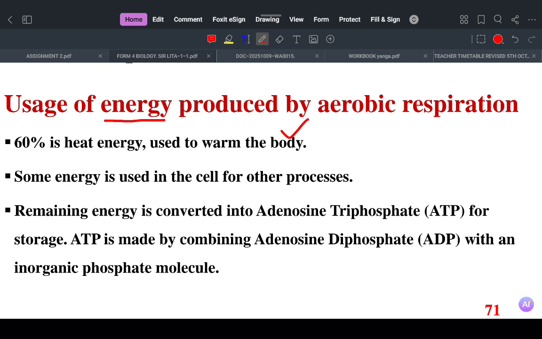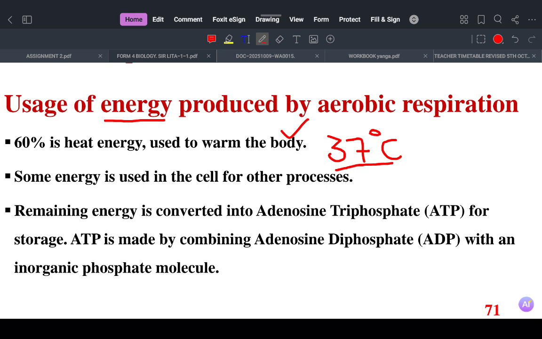Remember that your normal body temperature is supposed to be 37 degrees Celsius. So in order to maintain this body temperature, 60% of the energy produced during respiration is used to keep your body warm at this temperature.